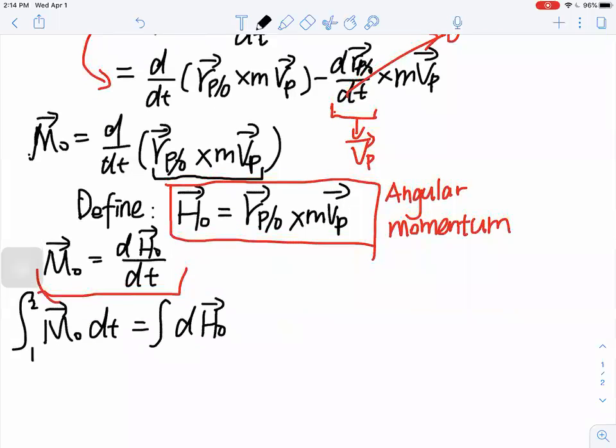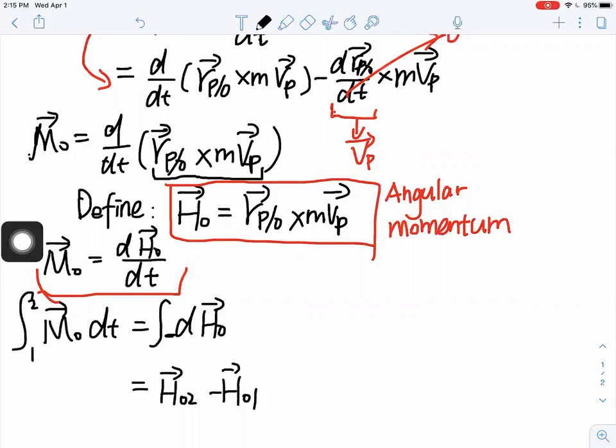The integral of dHO, since there's nothing else there, can just be written as HO2 minus HO1. That's angular momentum at time 2 minus angular momentum at time 1.